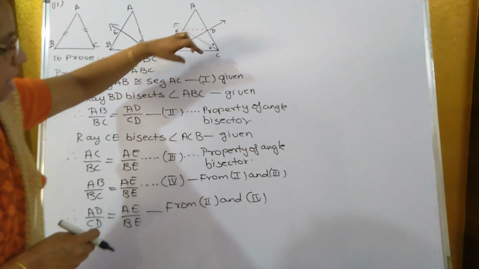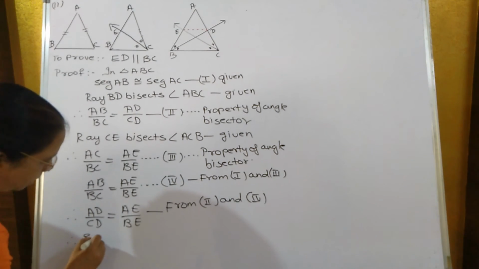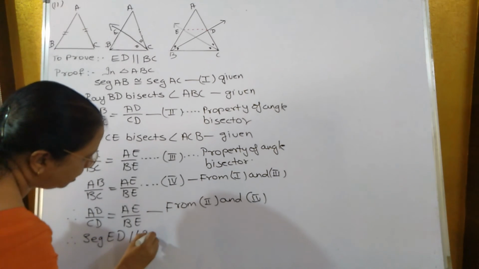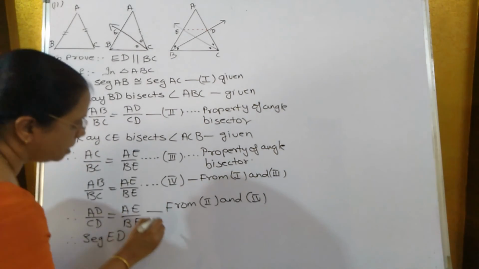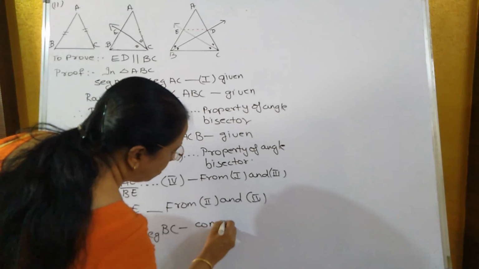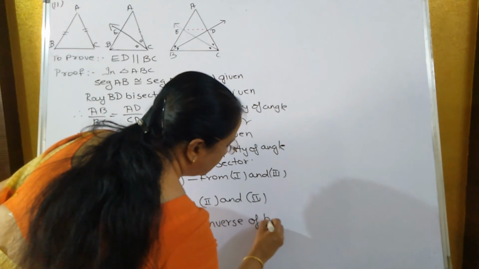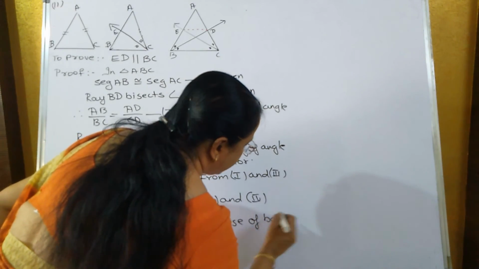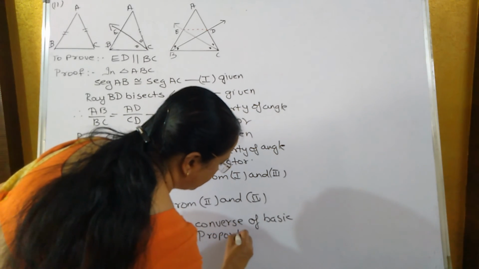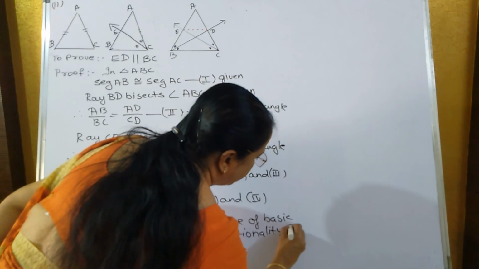Therefore seg ED is parallel to seg BC. Reason what you'll write? Converse of basic proportionality theorem.